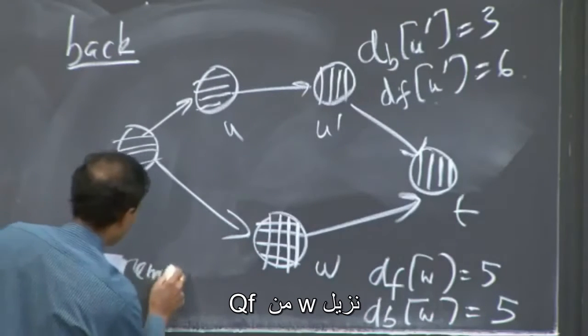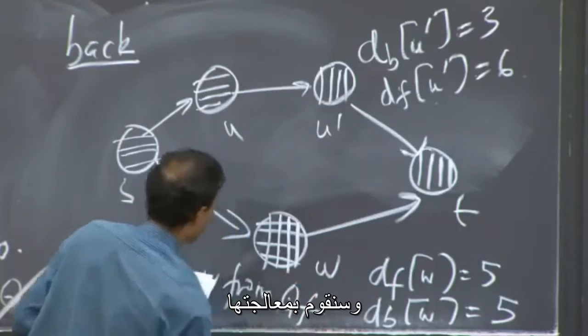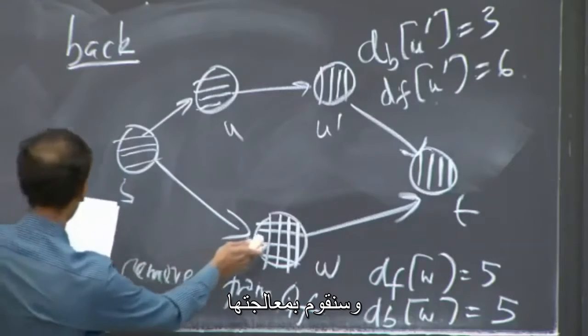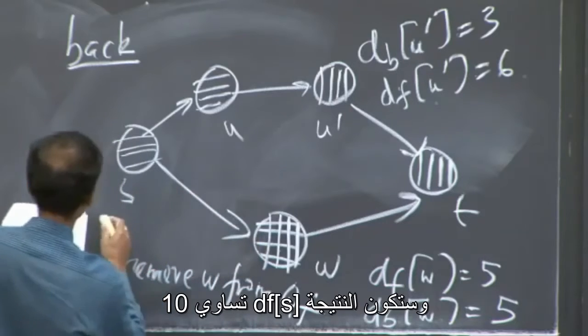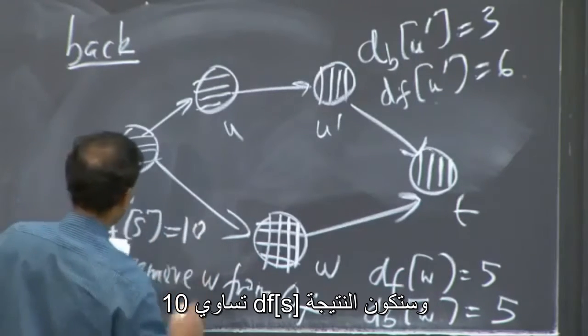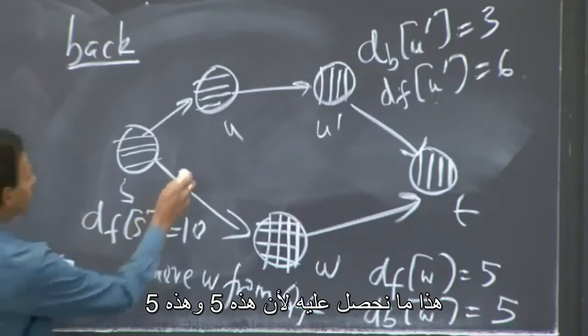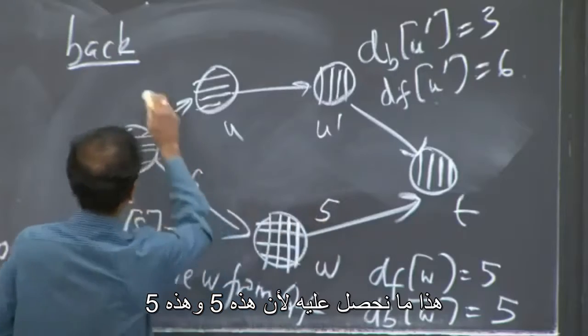And process it, and what you end up with is DF of S equals 10. Okay? That's what you get because this is a 5, and that's a 5.